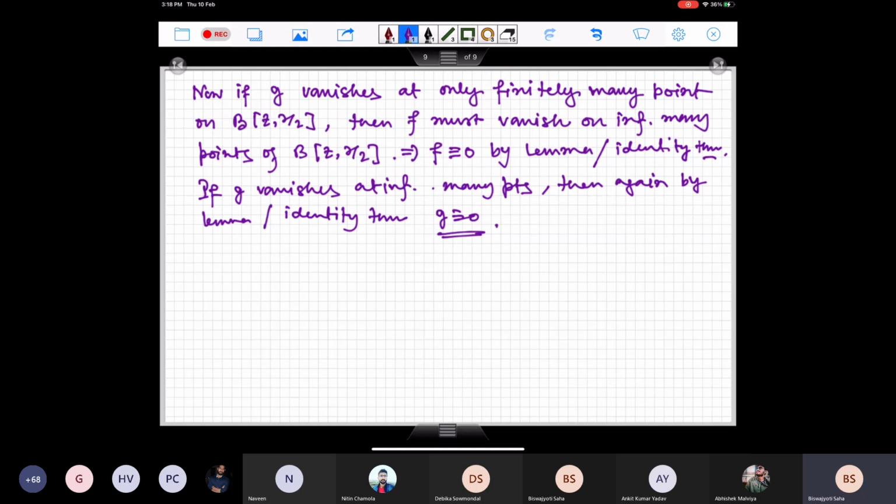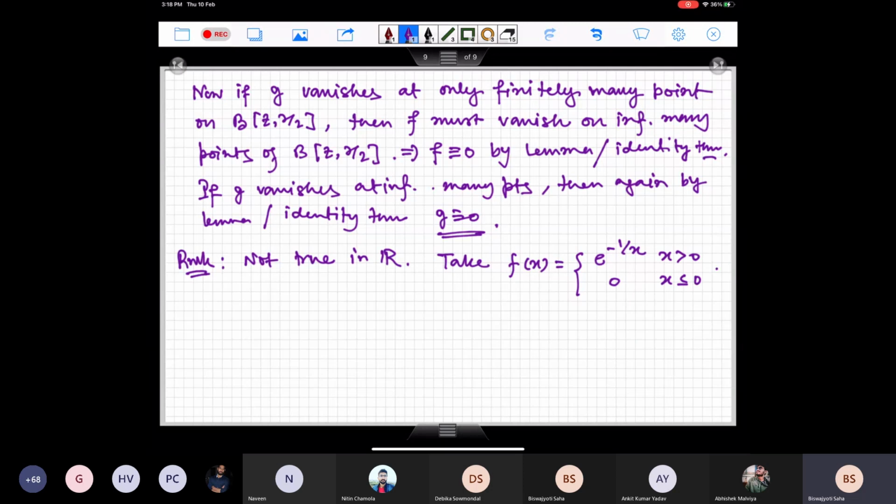Okay, so here again, let me make a remark and give you an example. This statement is not true in R. So for example, I will take the same function: f of x equals e to the power minus 1 over x for x positive, and 0 for x less than or equal to 0.